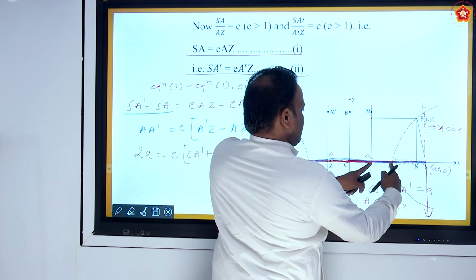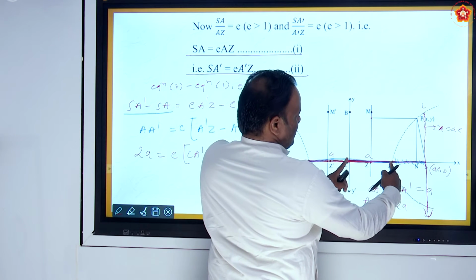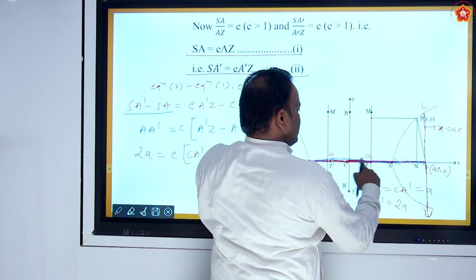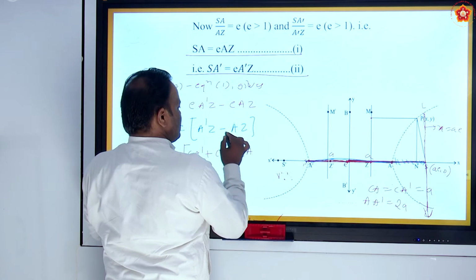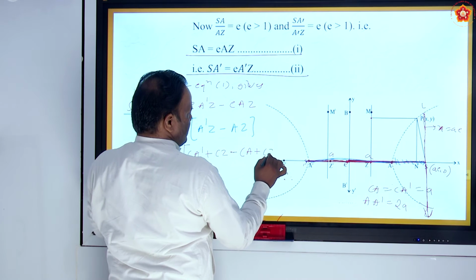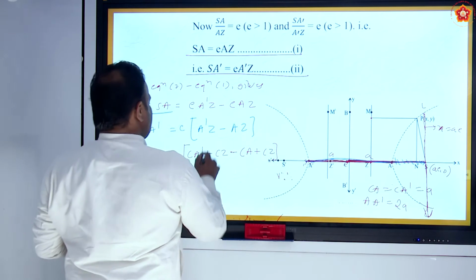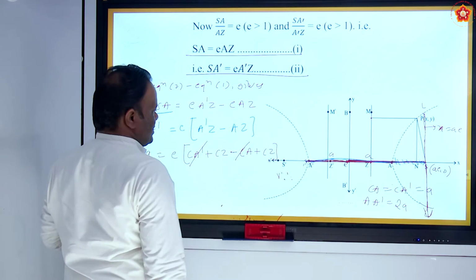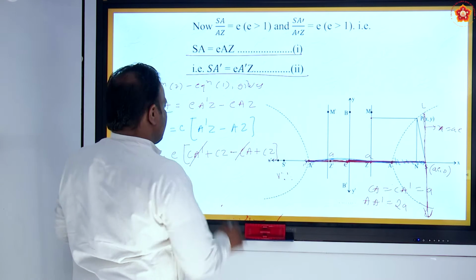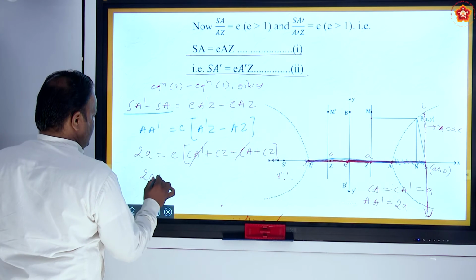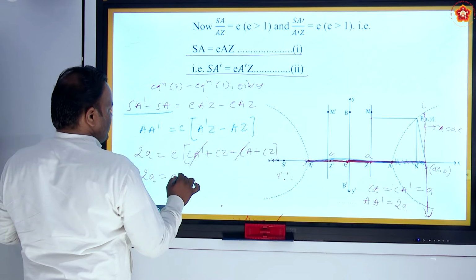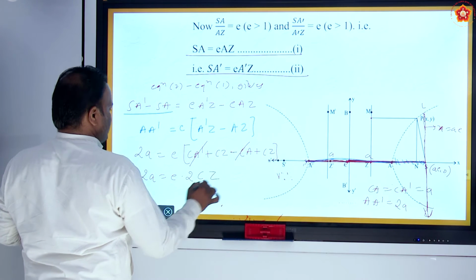Start from C. AZ is nothing but CA minus CZ, but outside is minus and this is plus, so CA plus CZ. What cancels here? Once again CA dash minus CA get cancelled because both are equal to A. Plus A minus A get cancelled. So 2A is equal to E into CZ plus CZ, that is 2CZ.